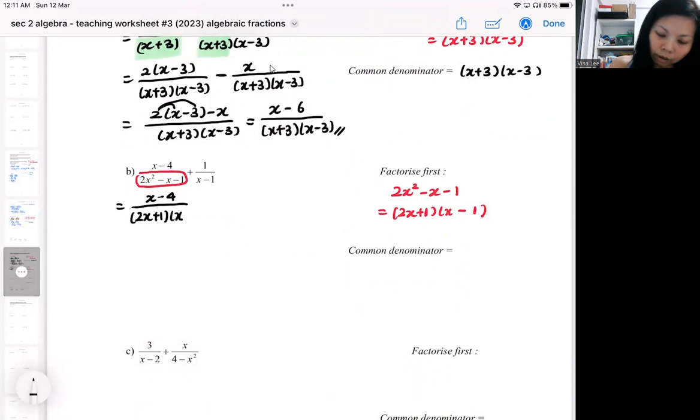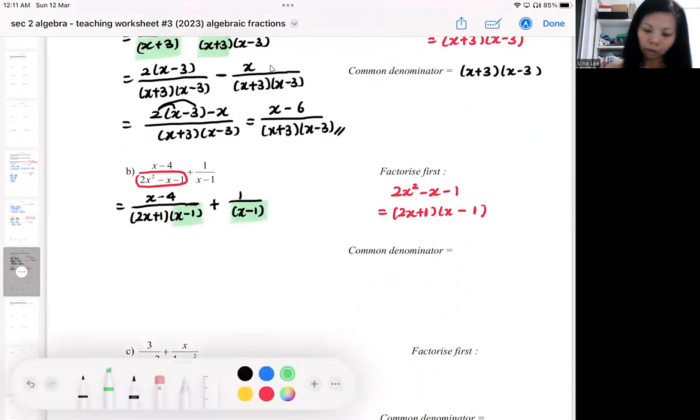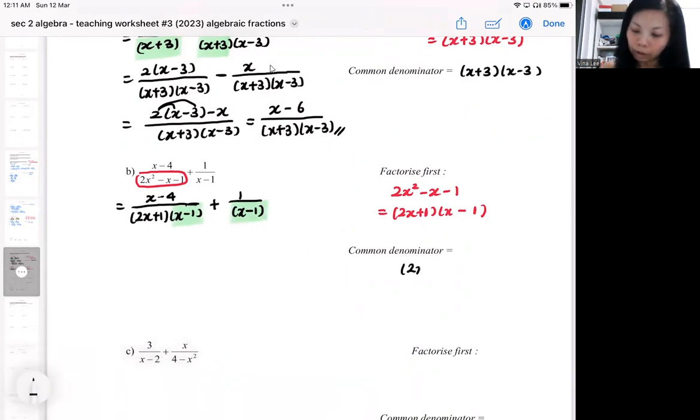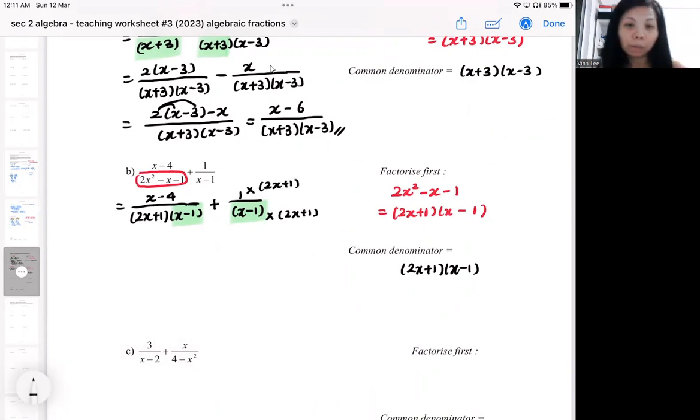The first denominator got 2 brackets. The second one only got 1 bracket. So each of them got the common bracket. So the common denominator will be the double bracket. So you multiply the missing bracket to the top and bottom. So I multiply the missing bracket, and then I can combine into a single fraction.